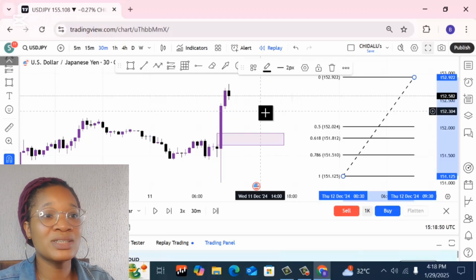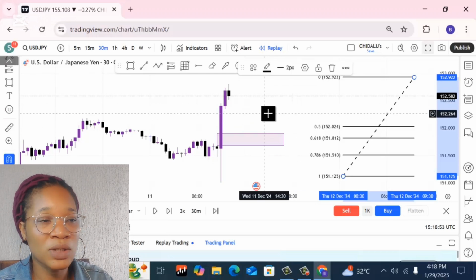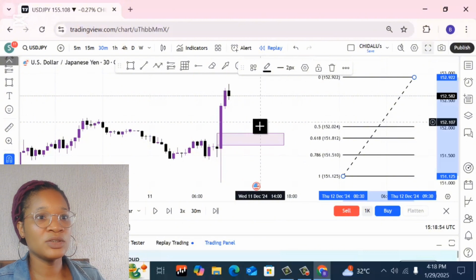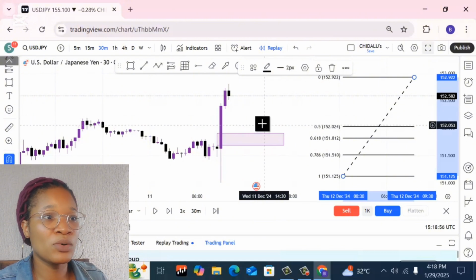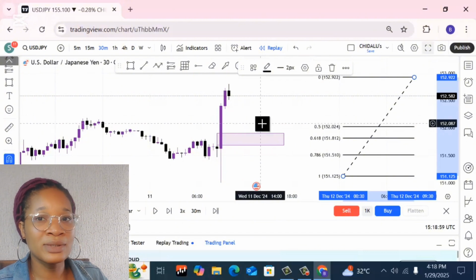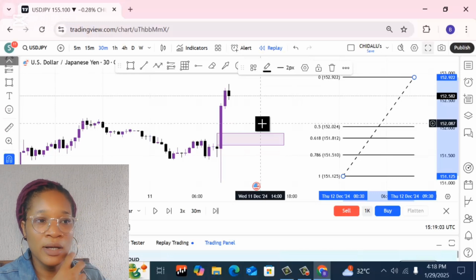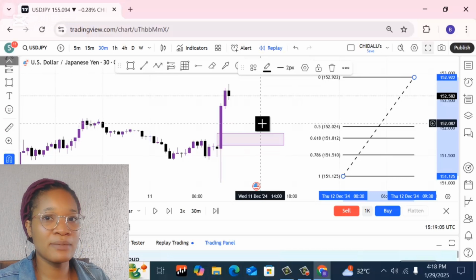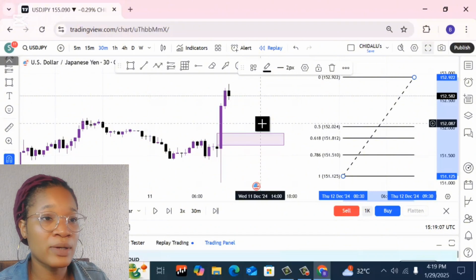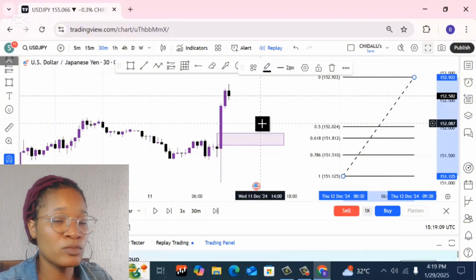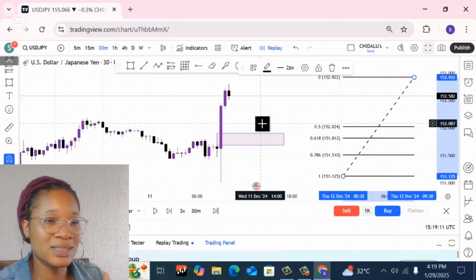So that is just the essence of me using this Fibonacci tool. It's not like there are people who do not use it, but I use it just to narrow down the range I'll be working with, right? I can't just be taking my trade from anywhere. If it works for you, fine, but I'm just saying this is exactly how I would do it if I were in this market.